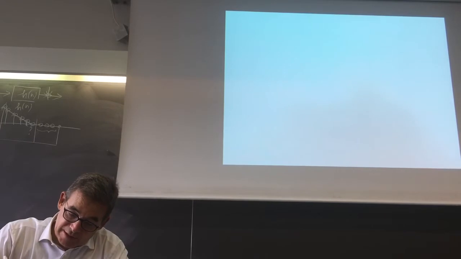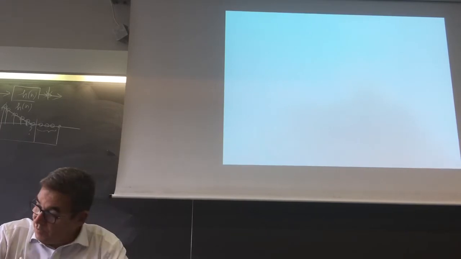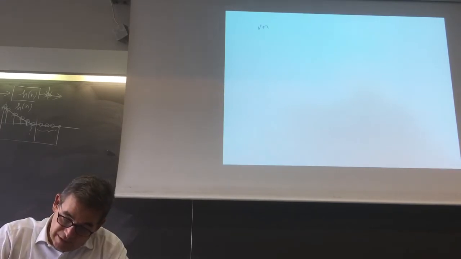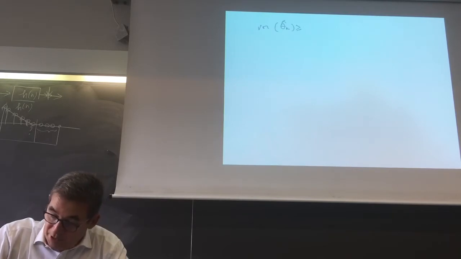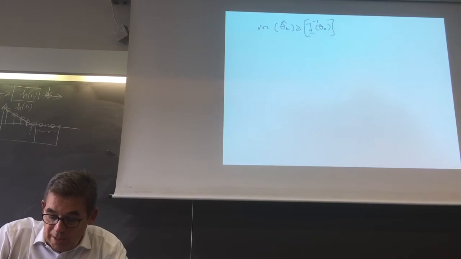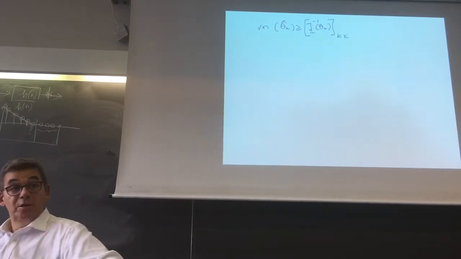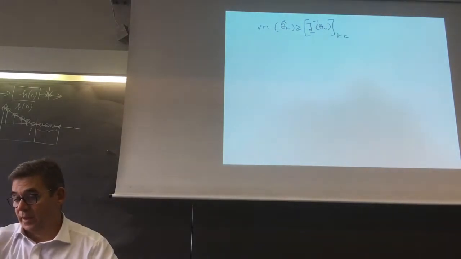The formula says that the variance of theta k is larger or equal than J minus 1, calculated at the true value of theta, and then you extract the parameter k. Okay.